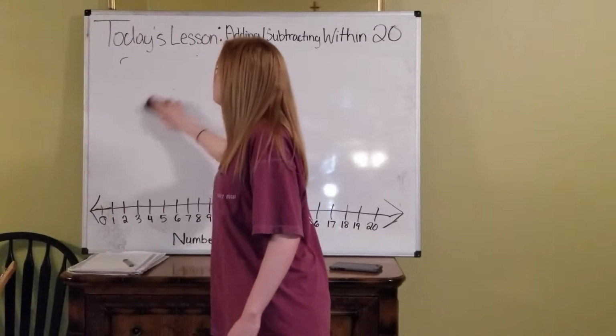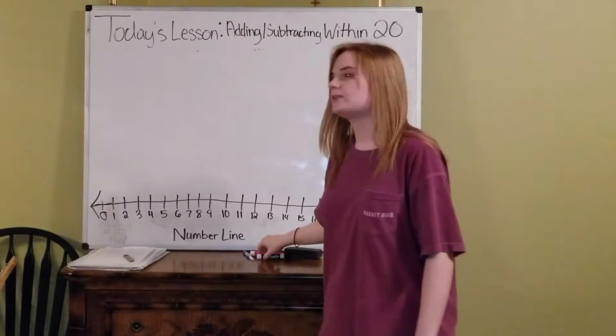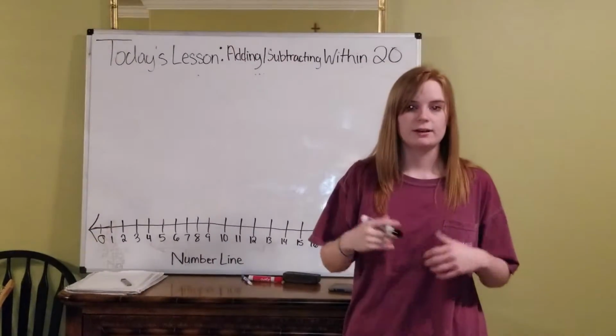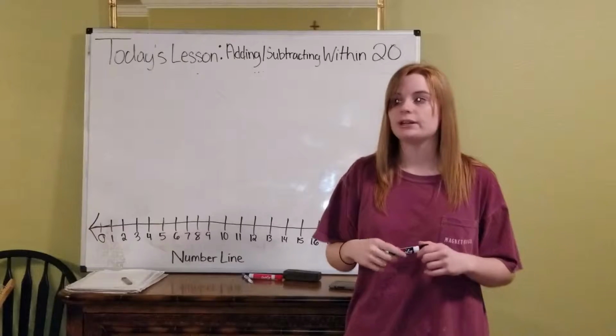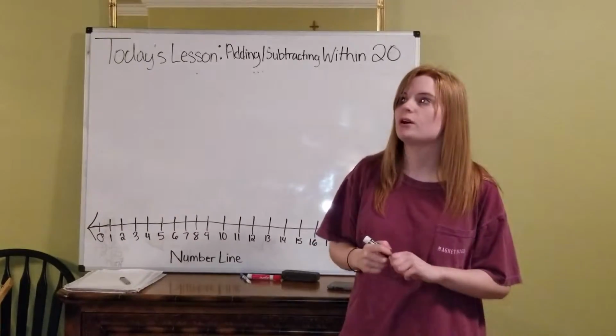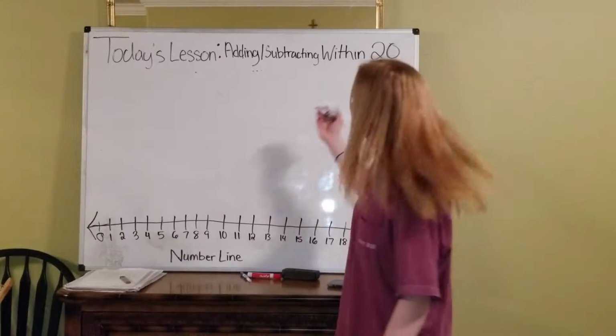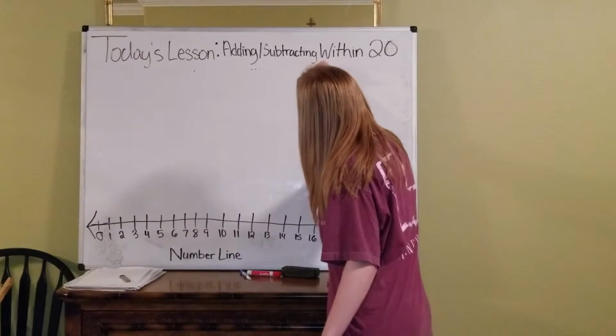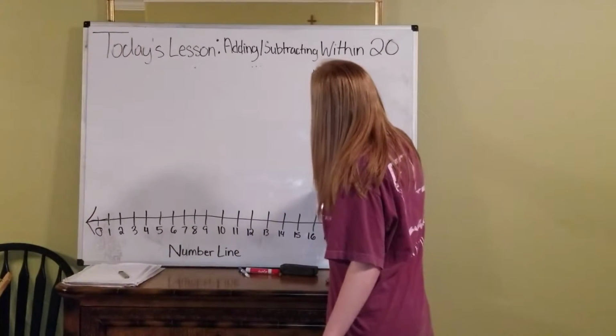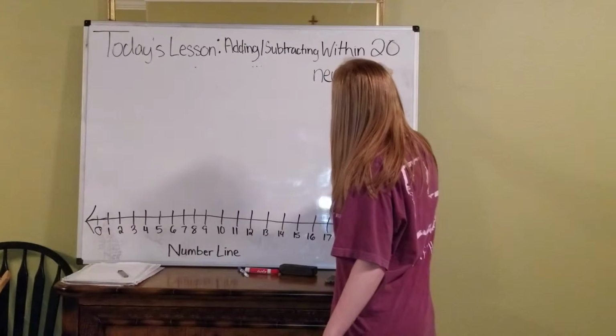So if I were to go to a convenience store and I only have $5 and I wanted to get this new game that costs, let's say, $16. So let's put new game is $16.